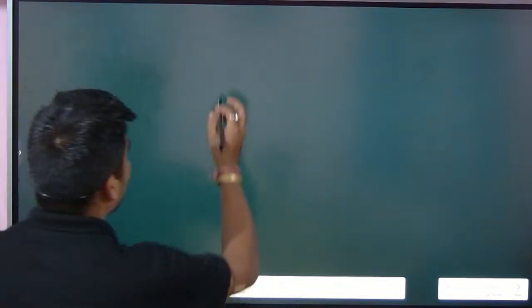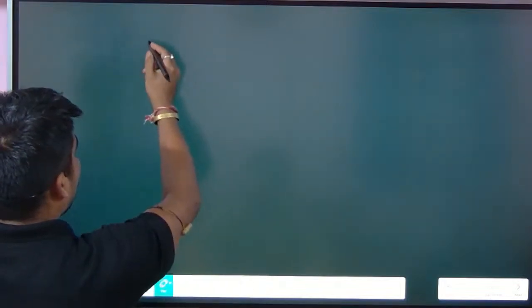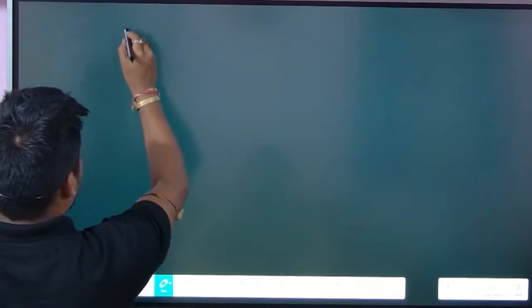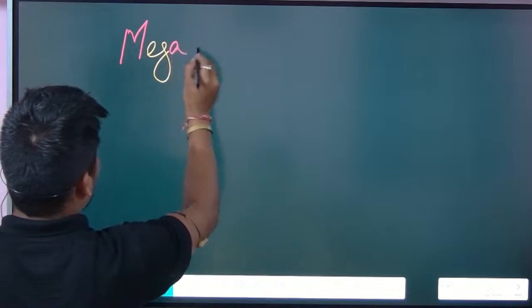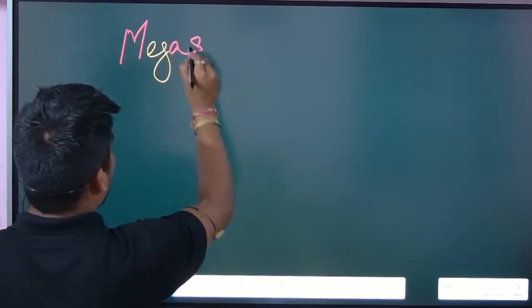Okay, so the male gamete is over. This was the male gamete, called microspore. Let's start with megaspore. Mega means obviously big.